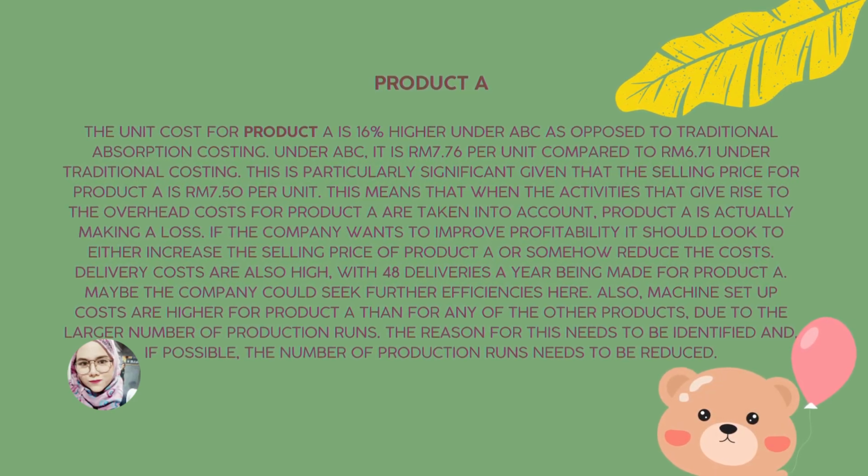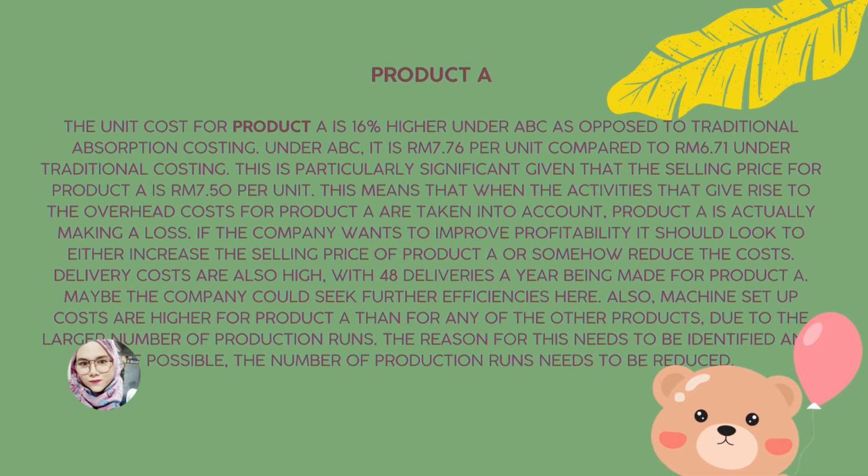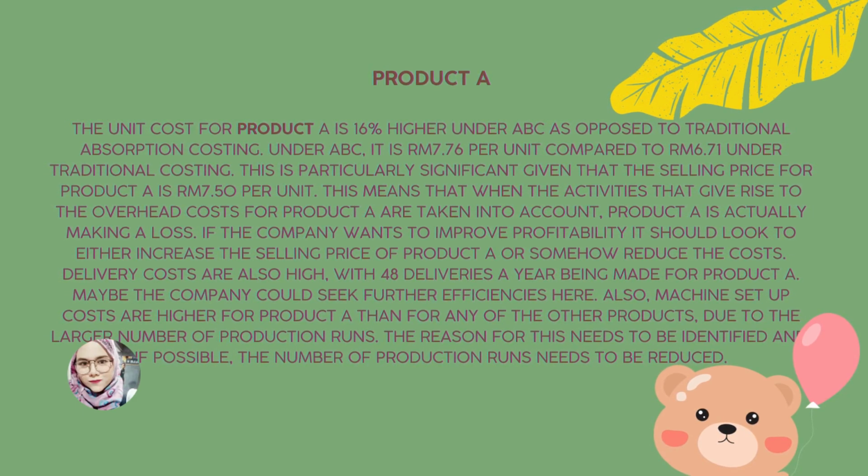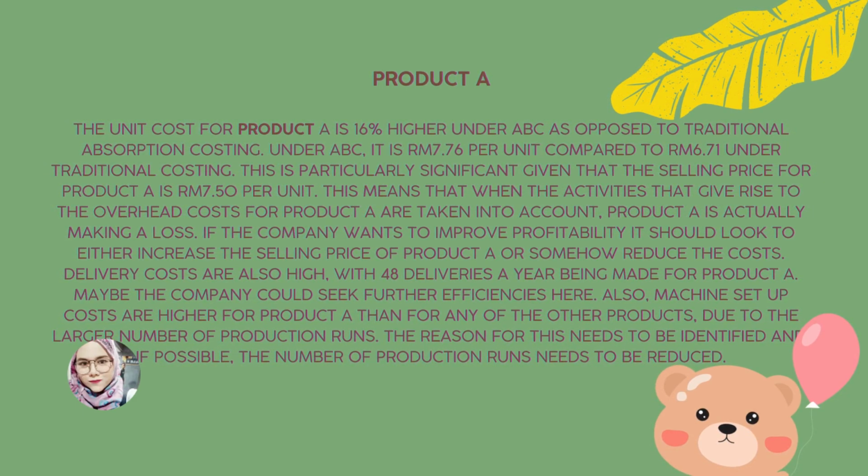Product A. The unit cost for product A is 16% higher under ABC as opposed to traditional absorption costing. Under ABC, it is RM7.76 per unit compared to RM6.71 under traditional costing.